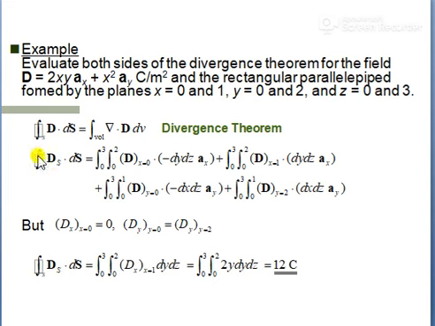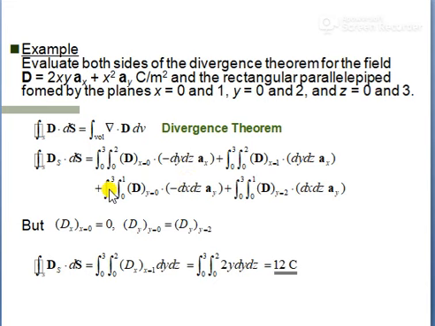So D dot dS is equal to, as given here, integral 0 to 3 in z, 0 to 2 in y, D of x at 0 dy dz ax minus, plus integral 0 to 3, 0 to 2, D of x at 1 dy dz ax.